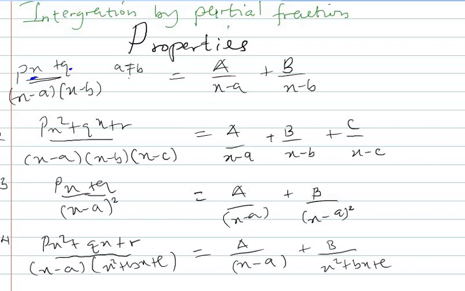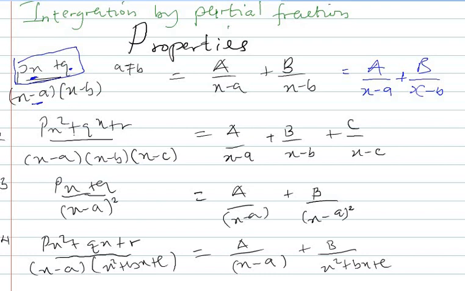If a is not equal to b, this becomes A all over x minus a, that's the first bracket, plus B over the other bracket, that's x minus b. So this is the first case, where you have linear factorization.